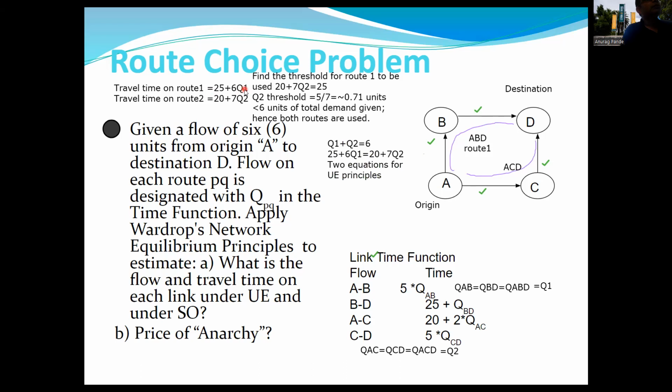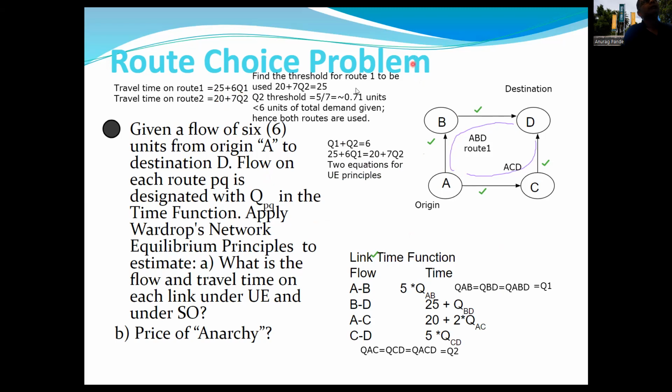So let's say if there's 1 unit of flow on route 1, each vehicle going on that route is going to take 25 plus 6 times 1. That's 31 units of travel time for that one vehicle. If I want to get the aggregate travel time for those vehicles, I again multiply that by Q1.